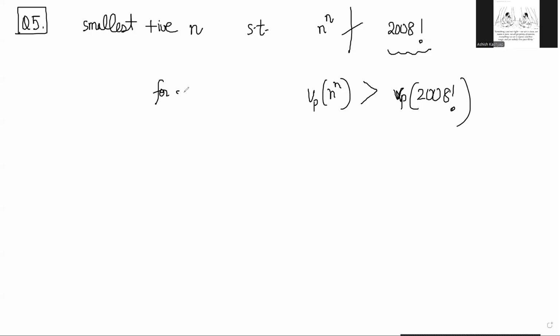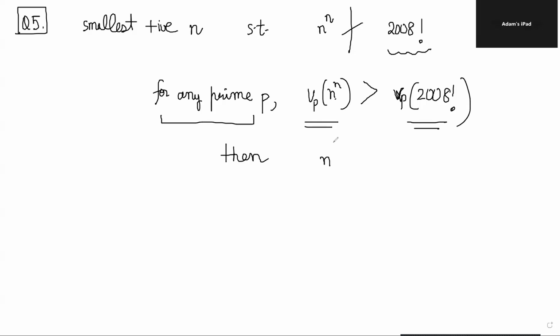Not just for some prime, but for any prime: if the VP of this is bigger than the VP of this, then we are sure that n power n does not divide this. Okay, so you can check some primes.